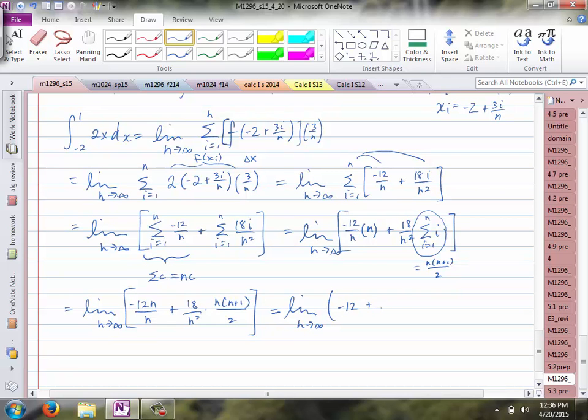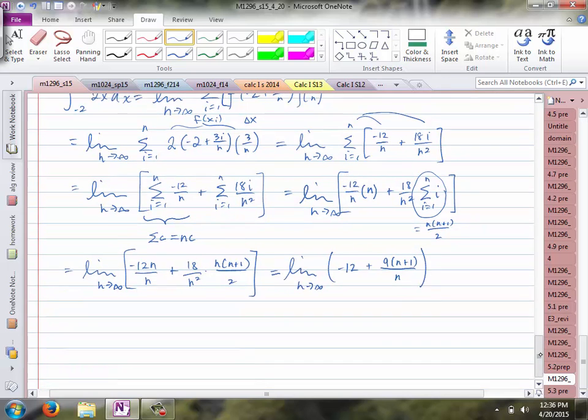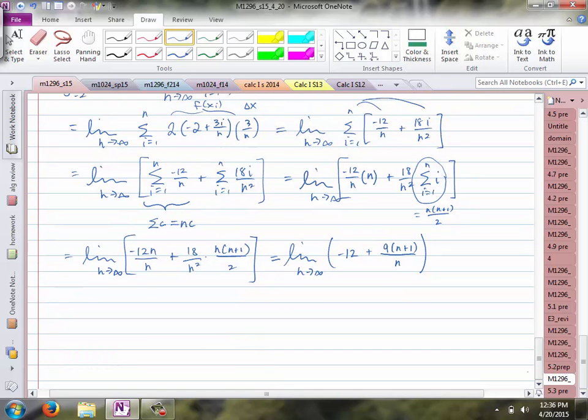In the second term, what can you simplify? 18 halves is 9. Got a pair of n's that cancel, right? So we get 9 times parentheses n plus 1 over n. That second limit is pretty easy to evaluate.